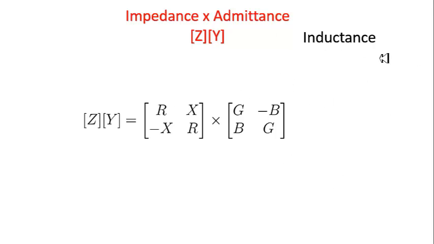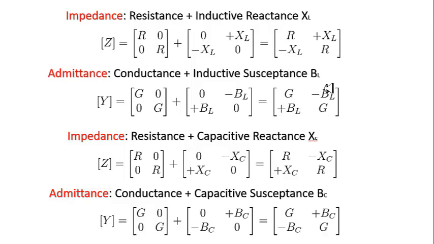In this case, we're going to do the case of the inductance. We've got inductive reactance on the backward diagonal, and inductive susceptance on the backward diagonal. Looking at this slide, we see that the inductive reactance is positive in the upper right corner and negative in the lower left corner.